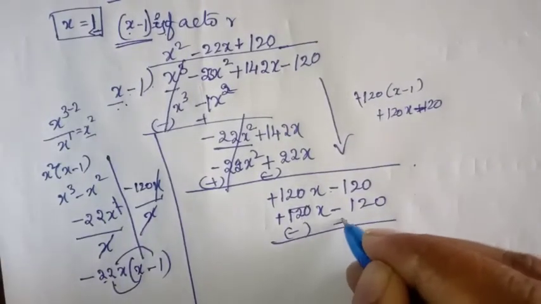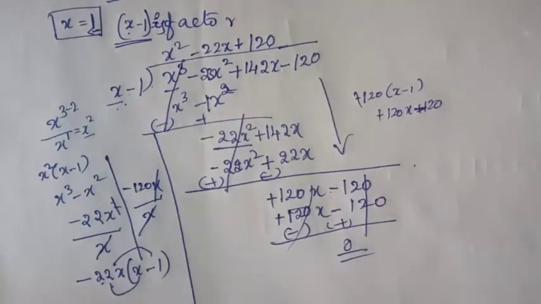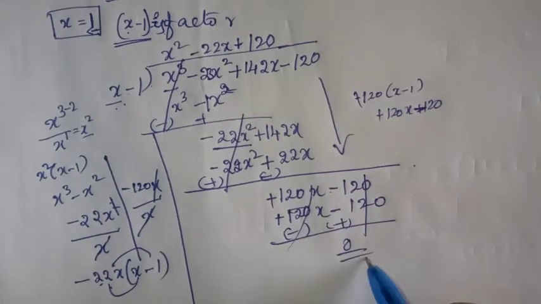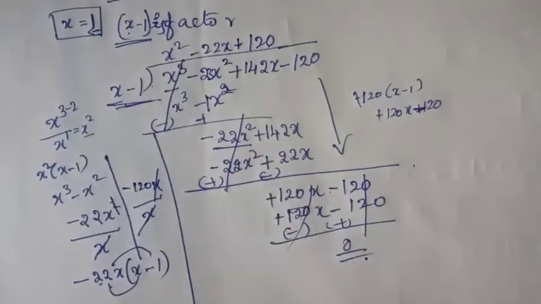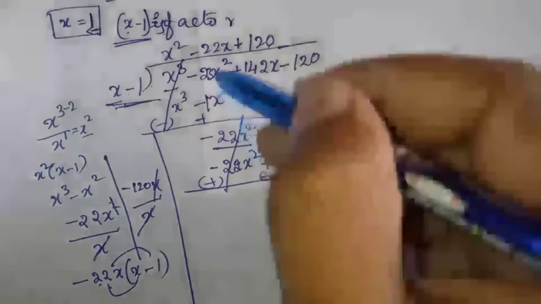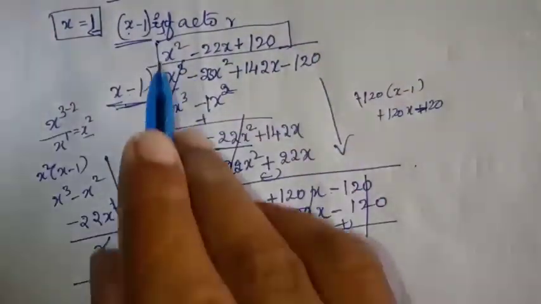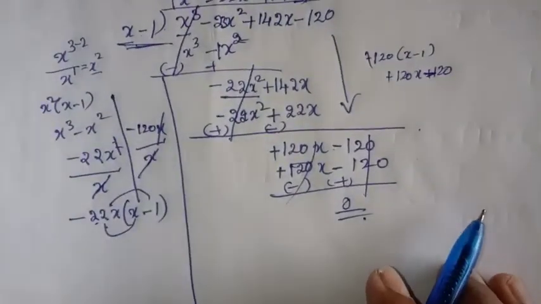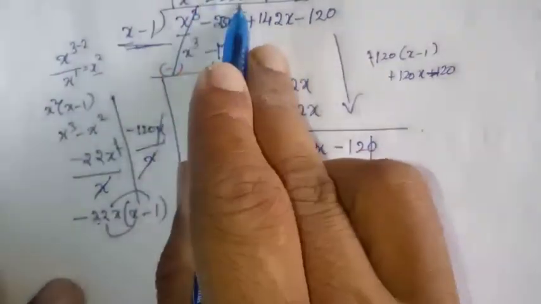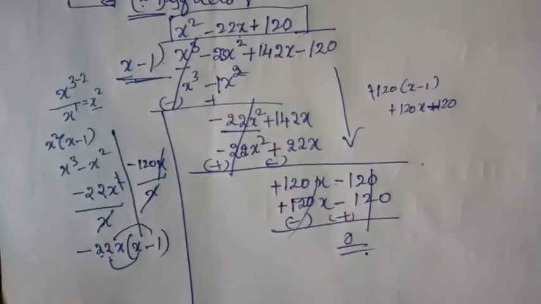Change the sign, both get cancelled, the remainder is equal to 0. Remainder equal to 0 means it's clear this one is the factor. It's another way, but we need the quotient value. The quotient is x square minus 22x plus 120. Yes or no?